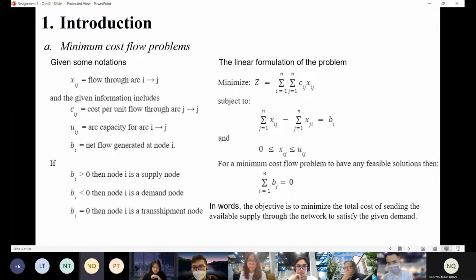First one is about the minimum cost flow. So, as you can see, consider a directed and connected network where the nodes enclose at least one supply node and at least one demand node. The decision variables are, as you can see on the slide. Now we will focus on the formulations.